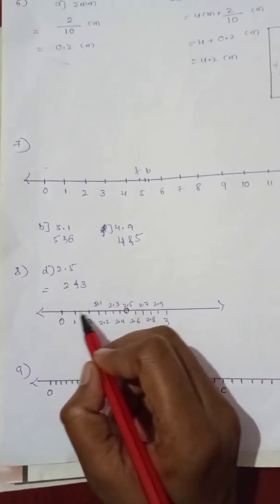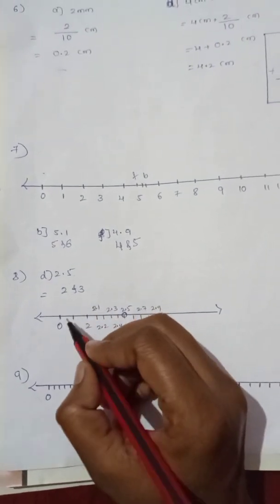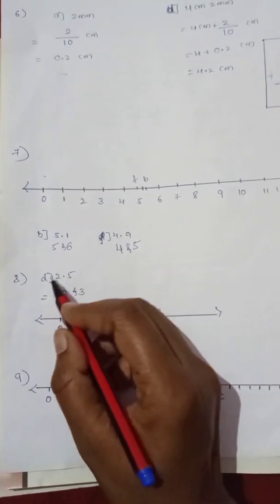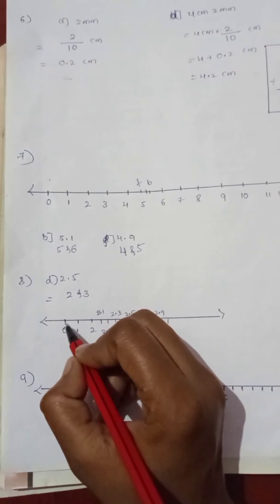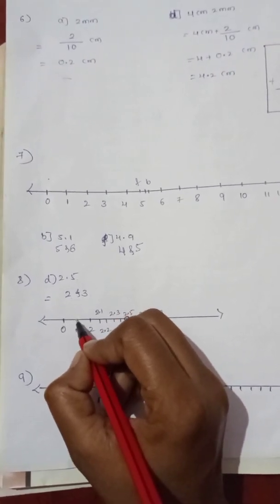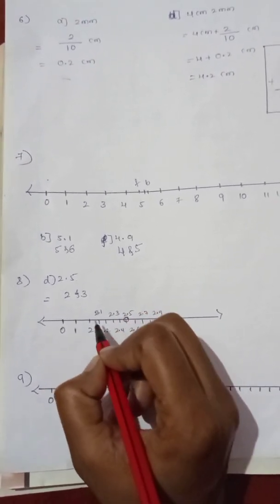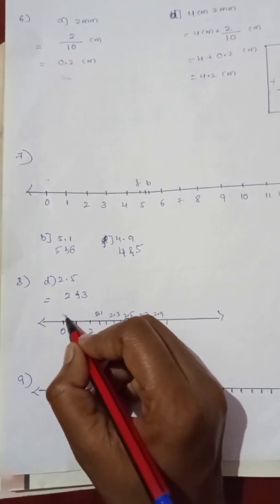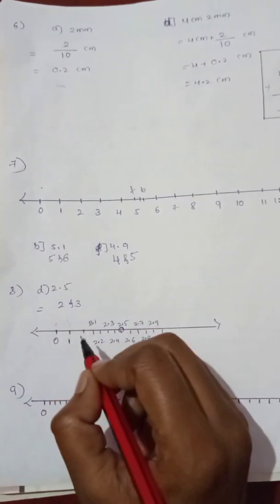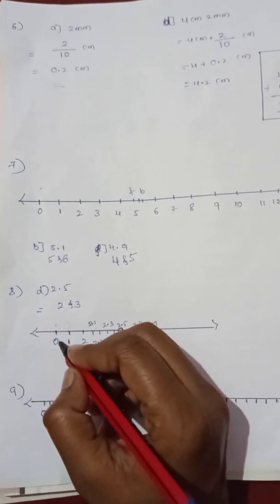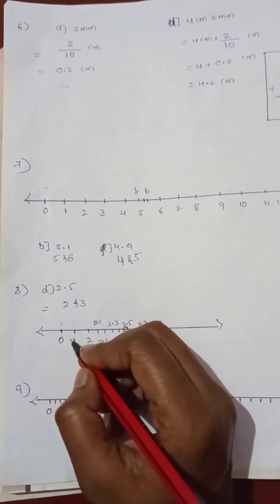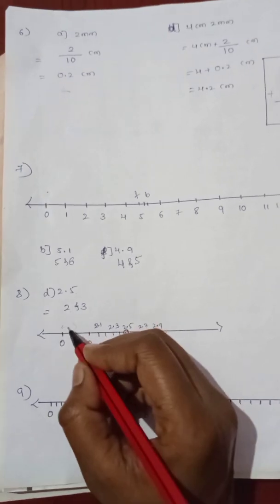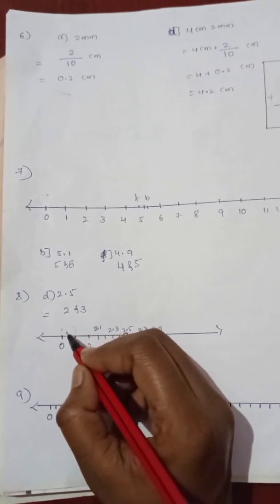Now here I have drawn the number line. See, even though it is 2.5, I should start from 0, 0, 1, 2. Children, within 1 unit, for every number, we will have 10 lines. That is 10 millimeters; 1 centimeter will be equal to 10 millimeters.